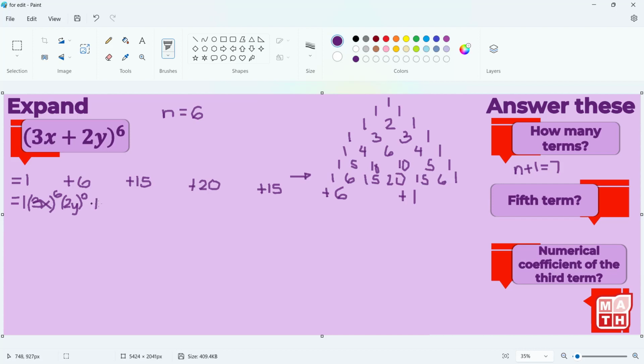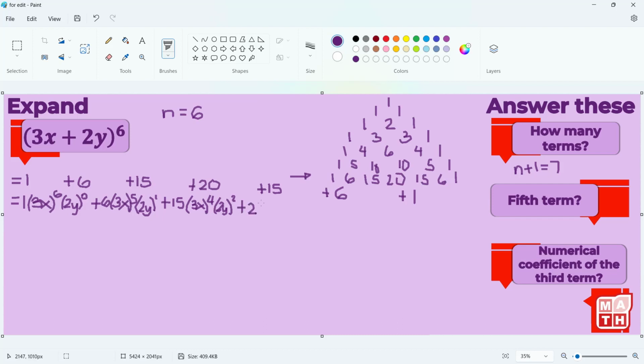You have here plus 6, and then your 3x will now decrease with its exponent 5, while you are going to increase your 2y, that's 1. Next, plus 15. Your 3x becomes the exponent of 4. Your 2y will have a square.